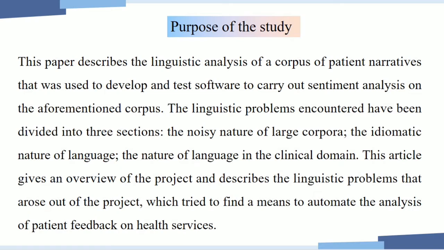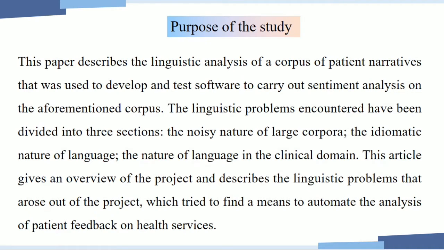The hospital will analyze their feedback and get useful information, like their feelings about the treatment, their attitude, and how to improve health services. So they need to analyze a large amount of patient feedback.